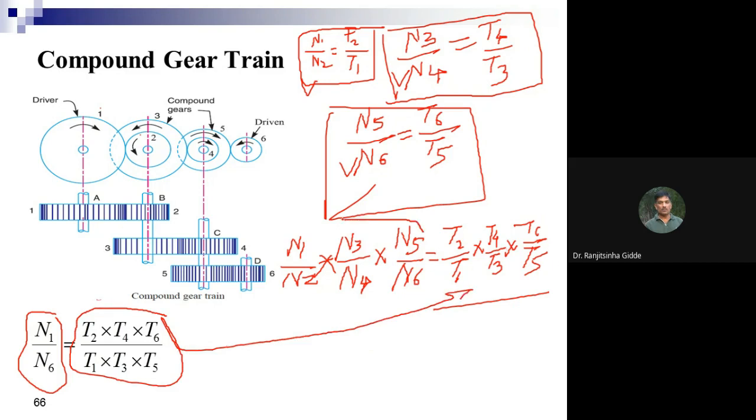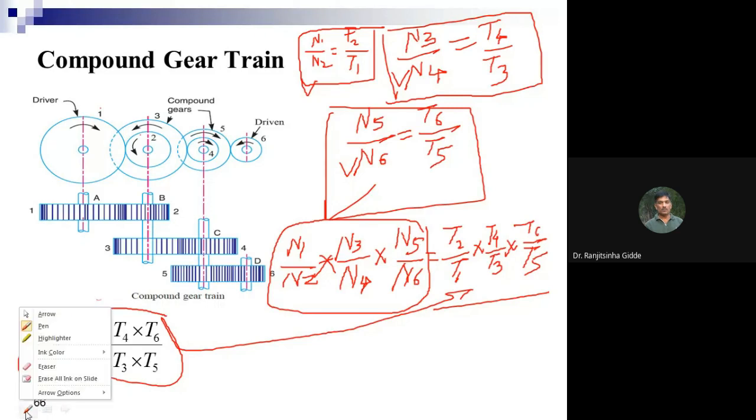Now what about this left hand side? Gear number 2 and gear number 3 are mounted on the same shaft, so whatever the speed of gear number 2, the speed of gear number 3 will be the same.